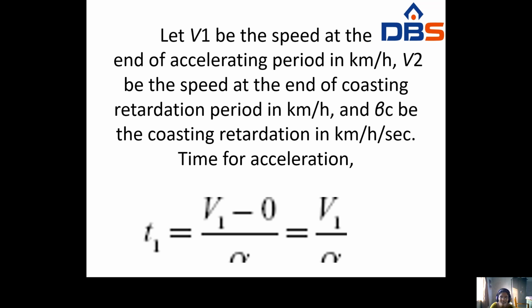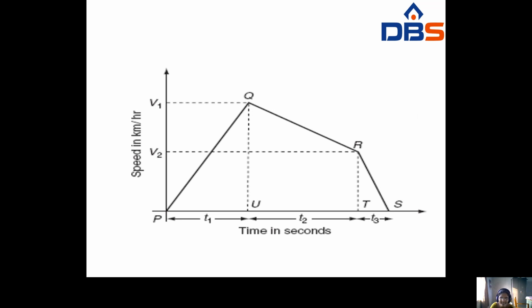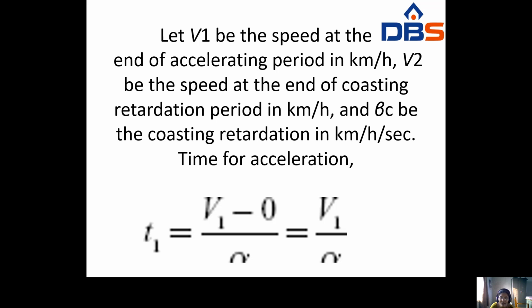Let v2 be the speed at the end of the coasting period, in kilometer per hour, and beta c be the coasting retardation in kilometer per hour per second.